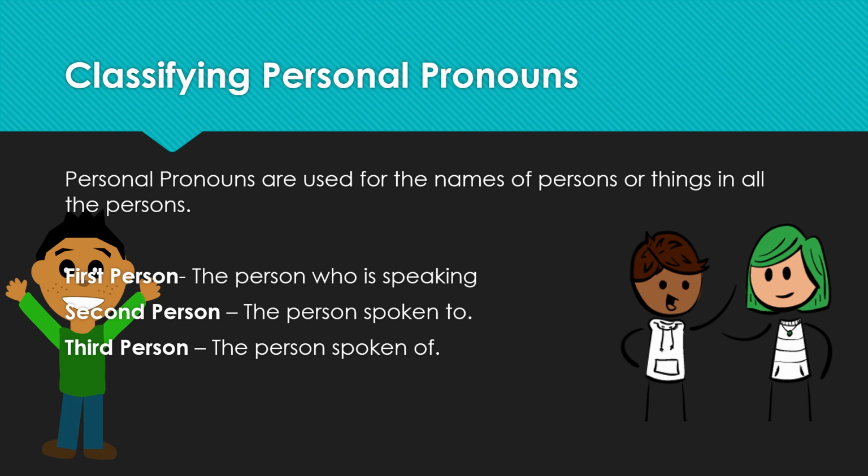And if they are talking about any other person, that person will be the third person and they will use pronouns like he, she, it, they. Now, when the dialogue changes and another person in the same group is talking, then he becomes the first person. Those who are listening become the second person, and the one they are talking about becomes the third person. So these are the first, second, and third person.